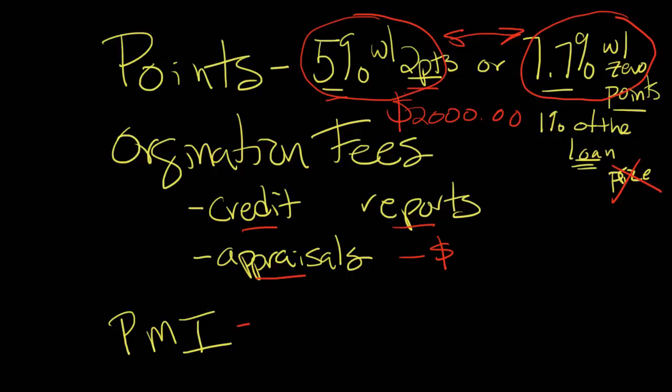Private mortgage insurance, that is a tricky one. A lot of people get that a little bit confused. Sometimes when your loan to value ratio is higher than you want it to be, like over 80%, especially when they get a little nervous, very often the lender will require you to take out an insurance policy called private mortgage insurance, which is going to insure the lender.